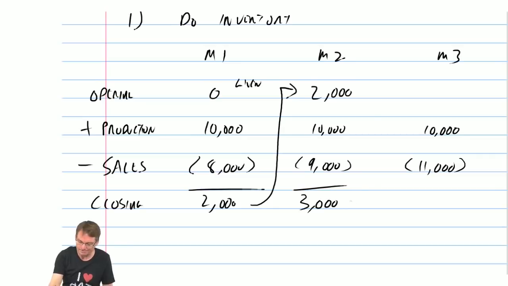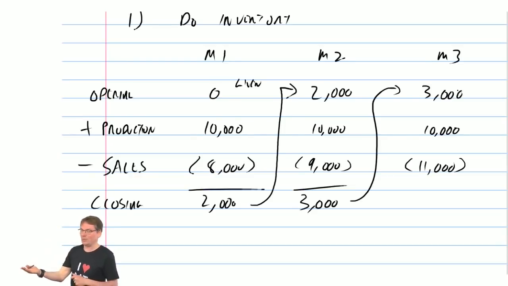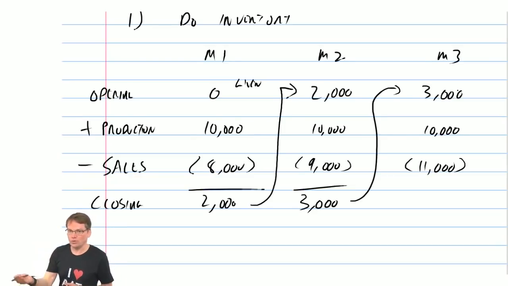Closing inventory's gone up. That becomes your inventory at the start of month 3. Month 3, you sell more than you produced, so your inventory will go down. You sold 1,000 units more than you produced, your inventory goes down by 1,000, you end up with 2,000.